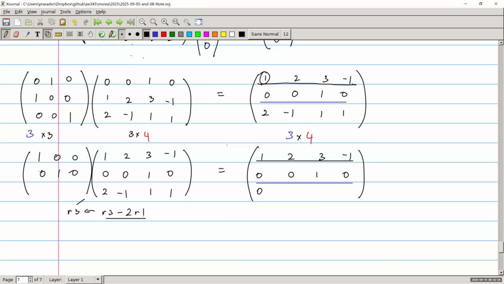It can't be in the same order, because I could write it as 0 row 2 plus row 3 minus 2 row 1. I could write it in many different ways, right?